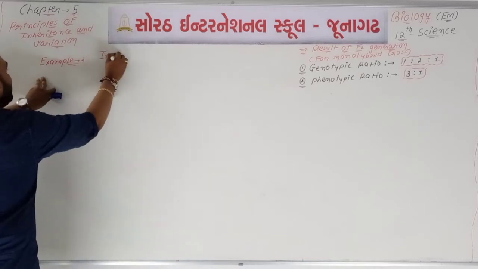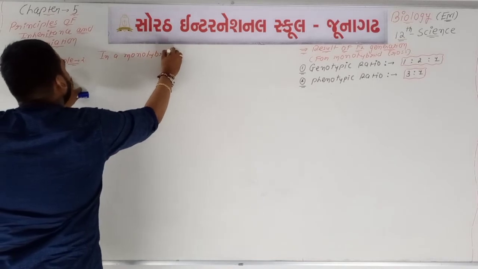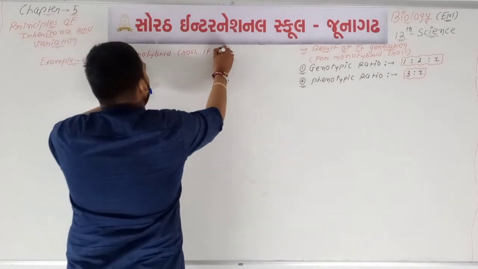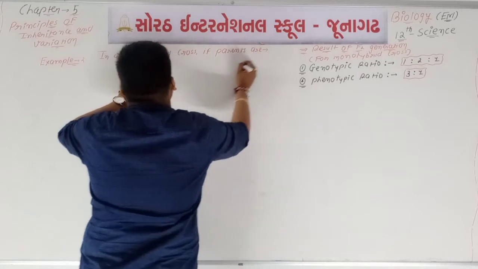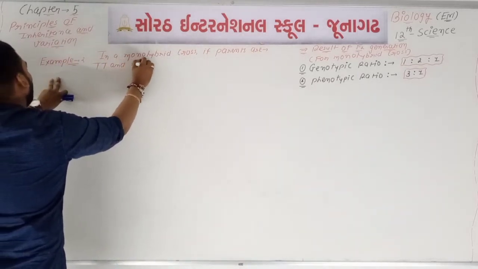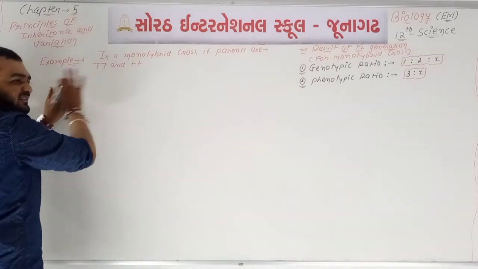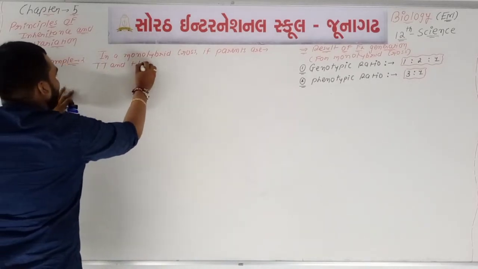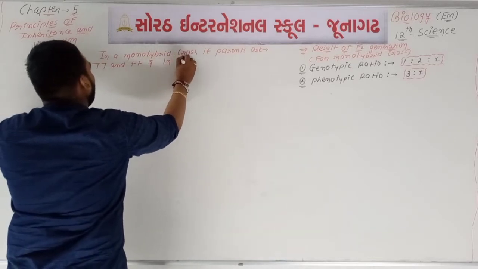In a monohybrid cross, if parents are capital T and small t, parents doesn't matter, it is an indication that these are tall and these are dwarfed.